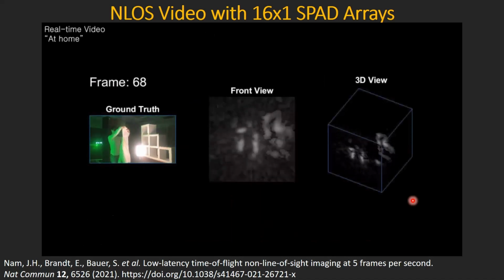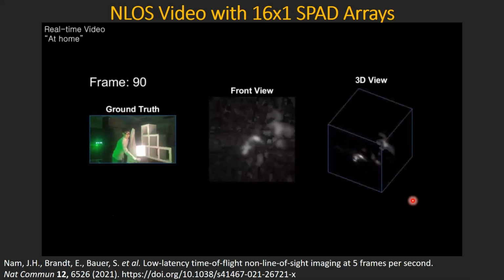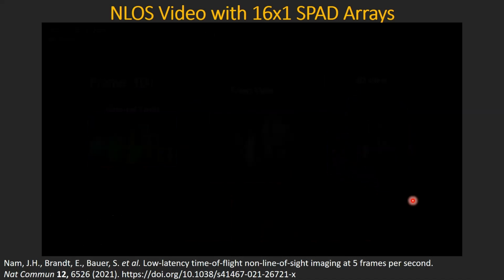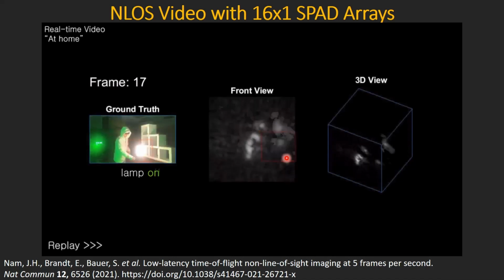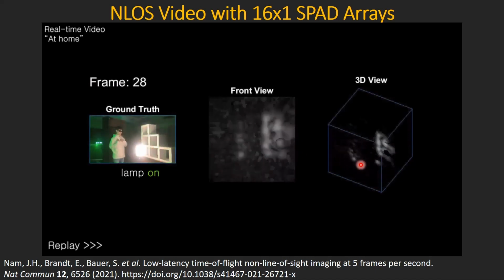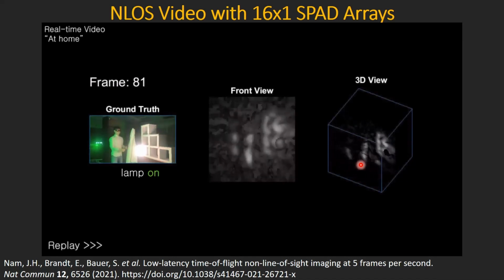And of course, the switching on of the light is interesting. So the light switches on, and you can see that the reconstruction barely changes. And the reason why that happens, of course, is that we filter out the ambient light, the room light.